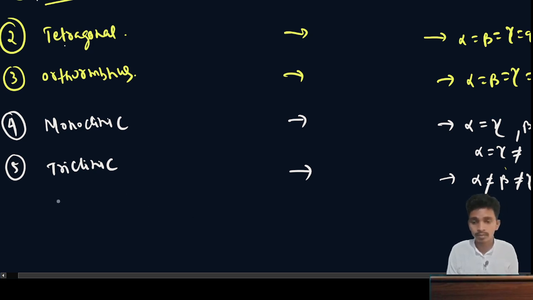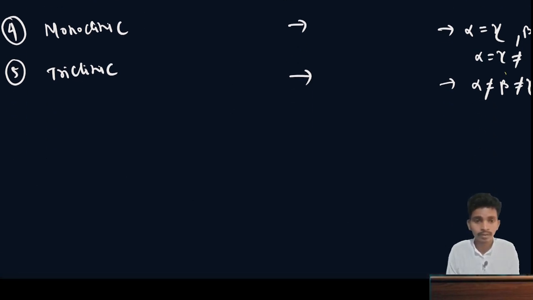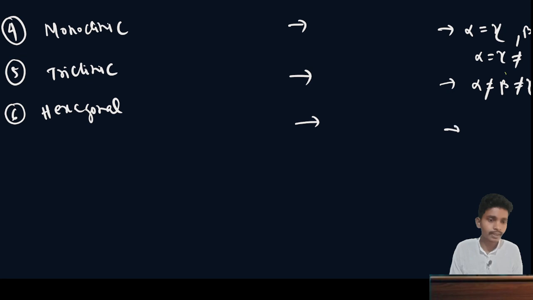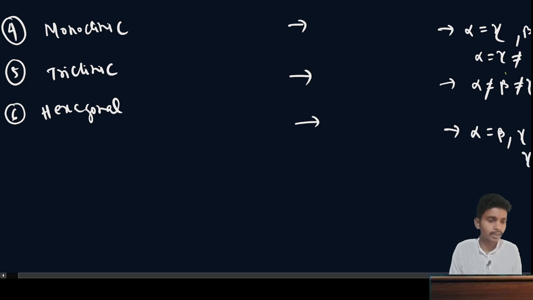Next we will go for hexagonal. Here alpha equal to beta, and gamma is not equal to 90 degree; generally gamma is 120 degree for hexagonal.